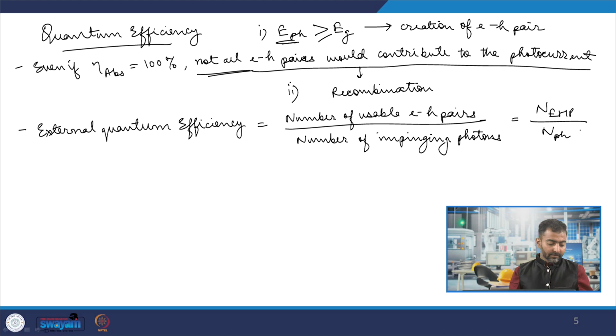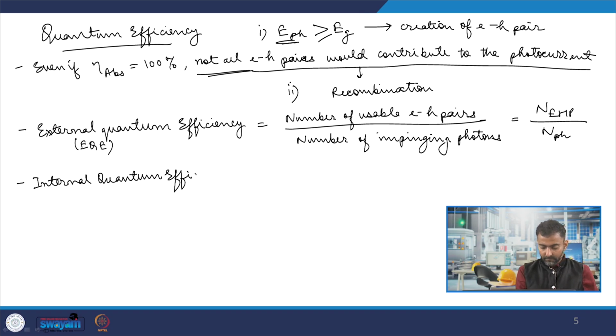And then there is a second version of quantum efficiency as well. External quantum efficiency, in short, is known as EQE. Another version is known as the internal quantum efficiency, which we can indicate as IQE, and the definition is slightly different.